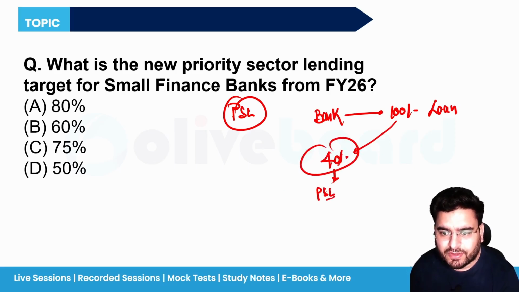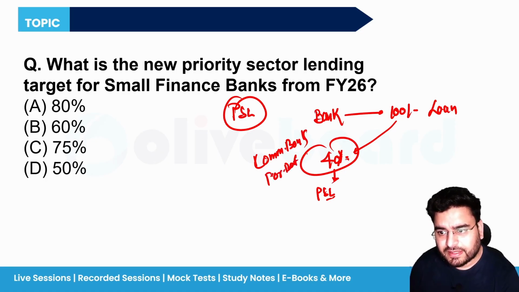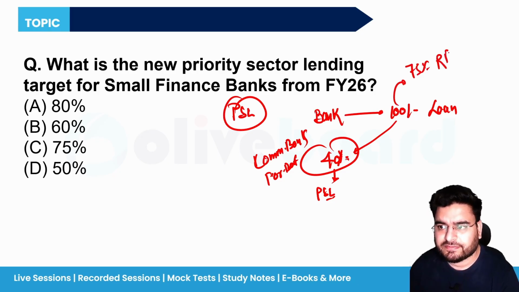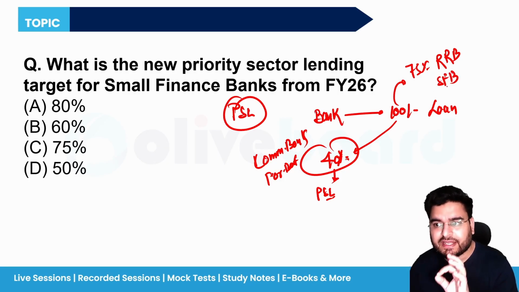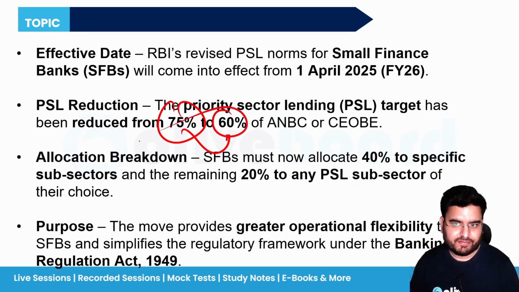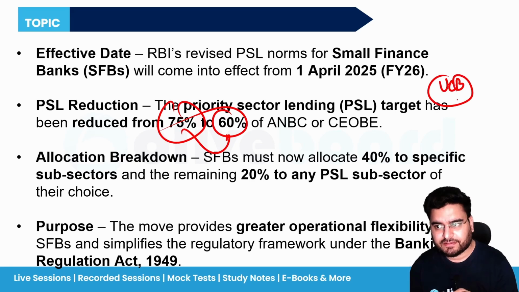This 40% is valid for, you can remember, commercial banks and foreign banks. This limit is 75% for RRBs, and for small finance banks also. But now they have reduced the small finance bank target from 75% to 60%. They have also done a similar thing for urban cooperative banks, right?